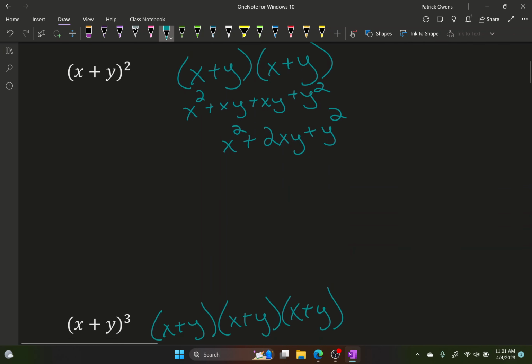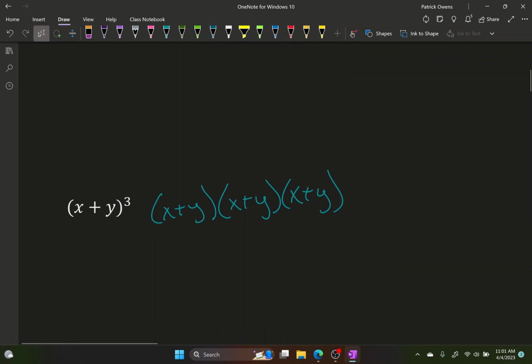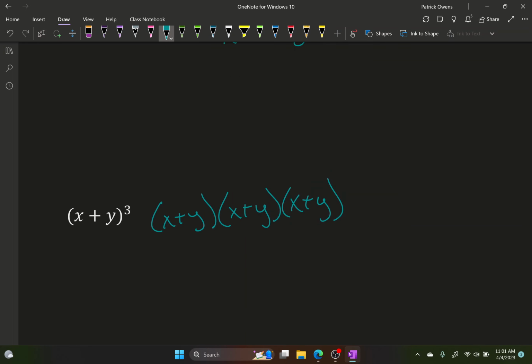Now, if we were doing the same thing with x plus y cubed, we can do that. It's a little more involved. We end up with, well, x plus y times x plus y gets what we got before. And then we need to multiply that by x plus y. So we distribute. Let's multiply the x by every term.